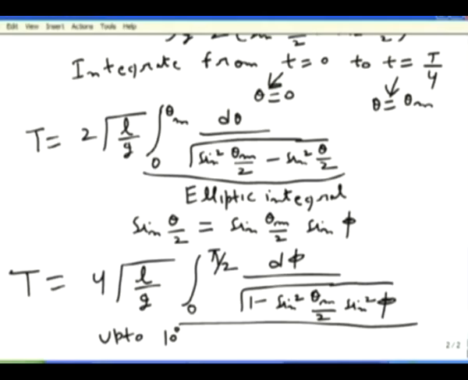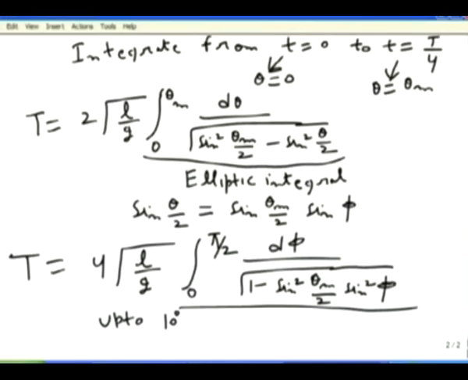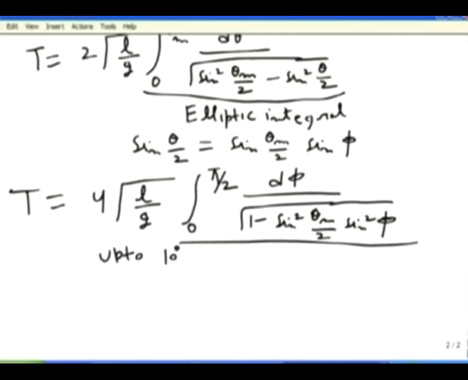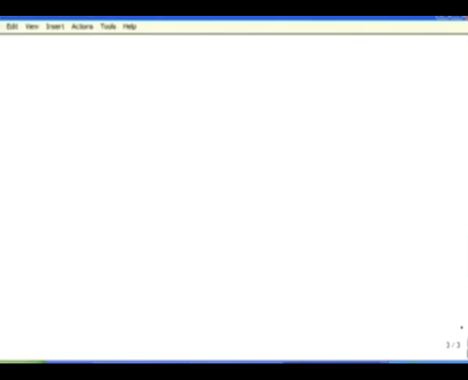Okay. Now, I will take up the other example. Here is another simple example.